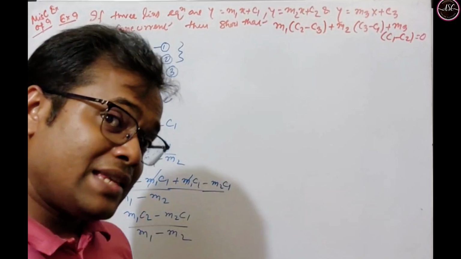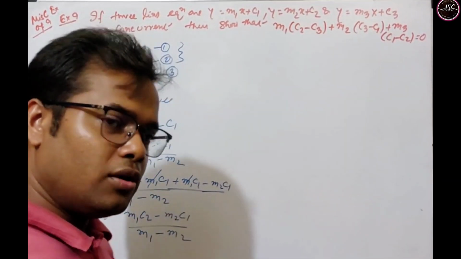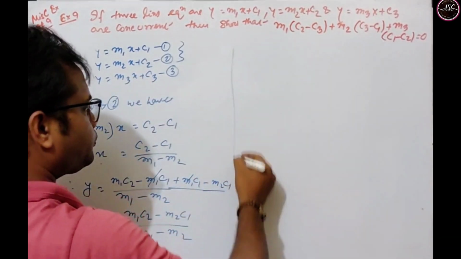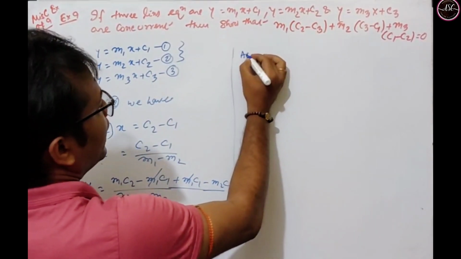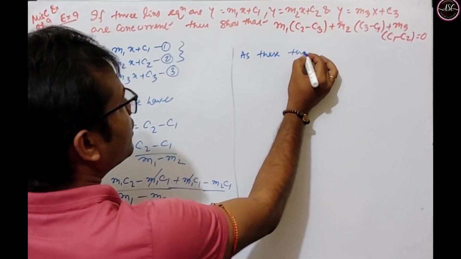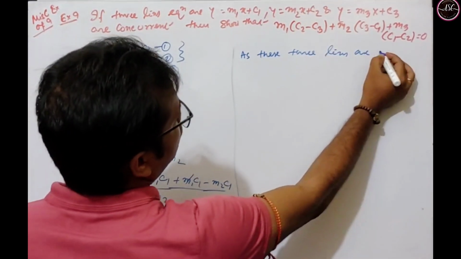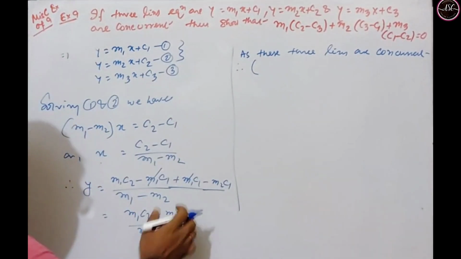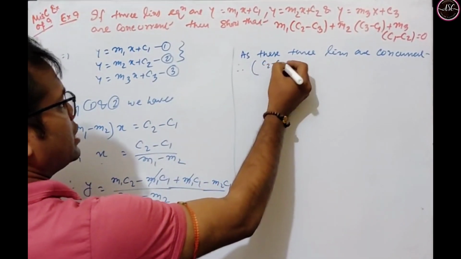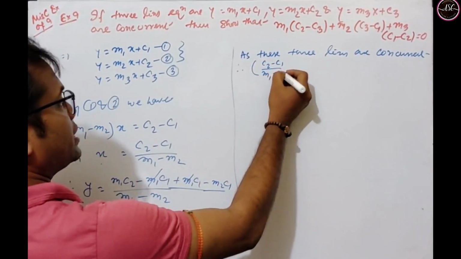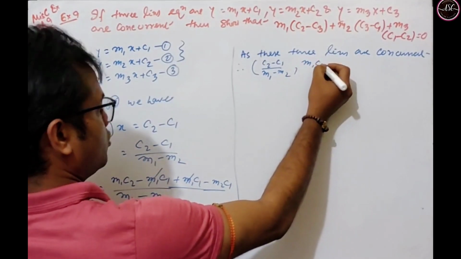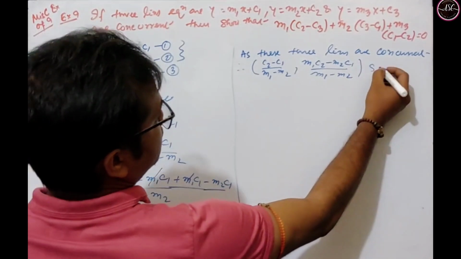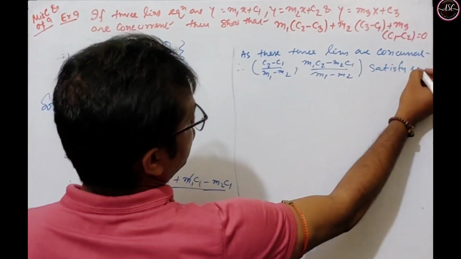Here, as these are concurrent, this point should be on the third line. So as these three lines are concurrent, therefore the point c2 minus c1 divided by m1 minus m2 comma m1 c2 minus m2 c1 divided by m1 minus m2 satisfies equation 3.